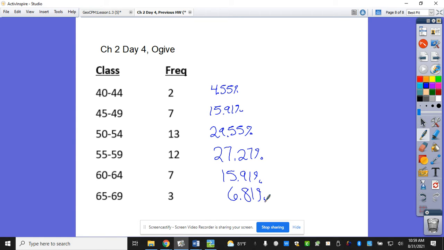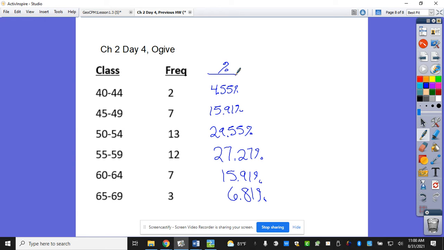So these are percents, but there's a different name for that, which is the same thing. I needed to know more information than just the frequency to find percent. What information did I need to know? The total. So I am now taking that individual group's frequency and relating or comparing it to the whole.